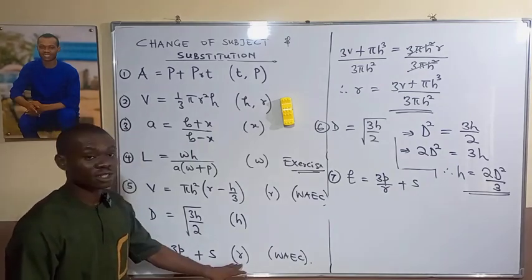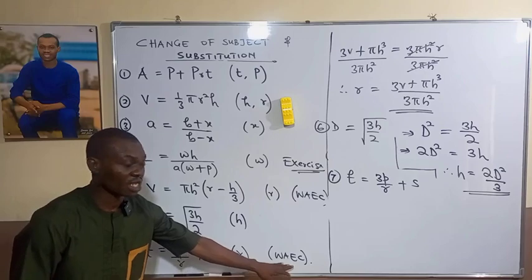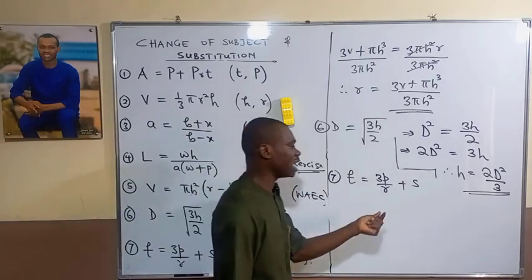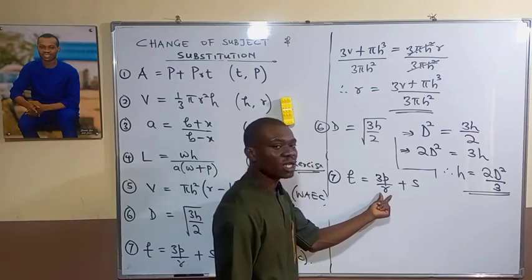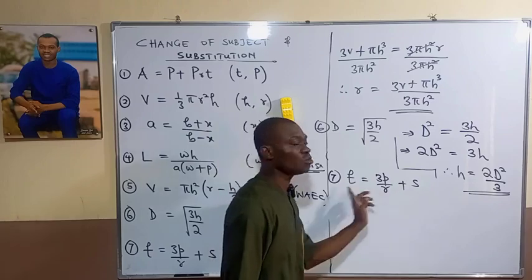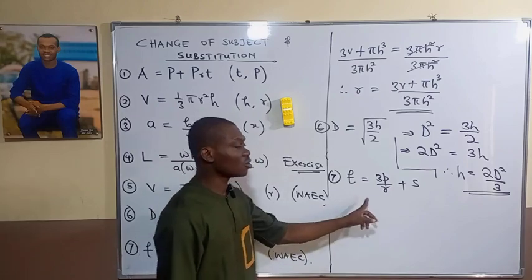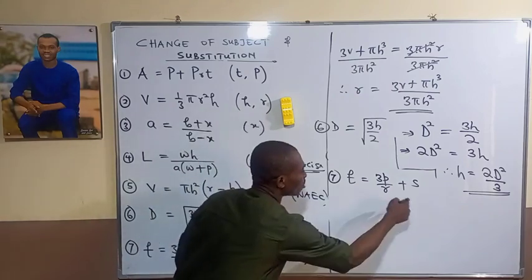We are to make R the subject, and it's also from WAEC exam. Now, why is this very necessary? Examiners would always know that some students would always fall to the trick of trying to cross multiply here immediately. But you know you can't cross multiply. You know they do something like this, cross multiply.